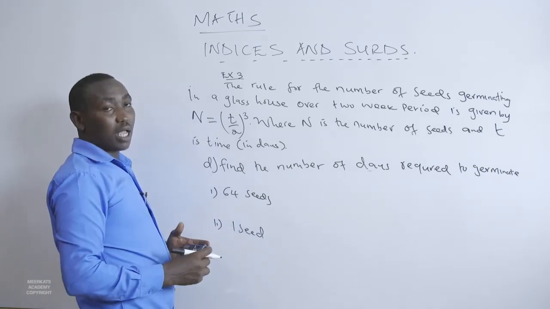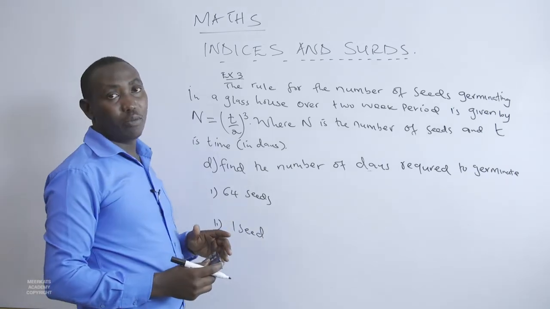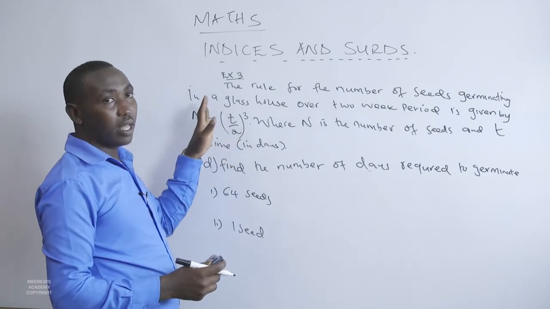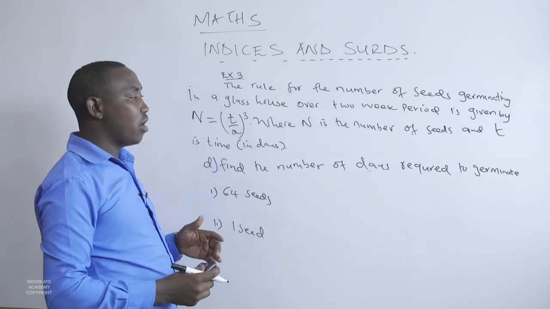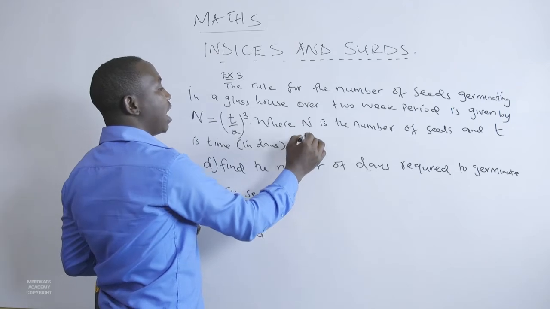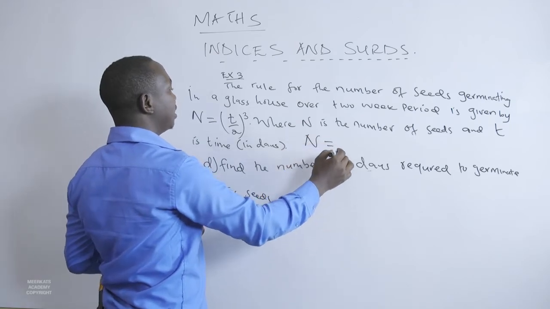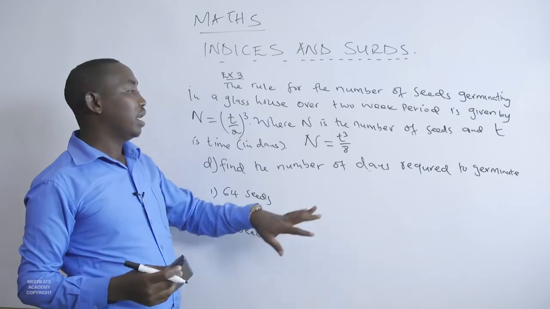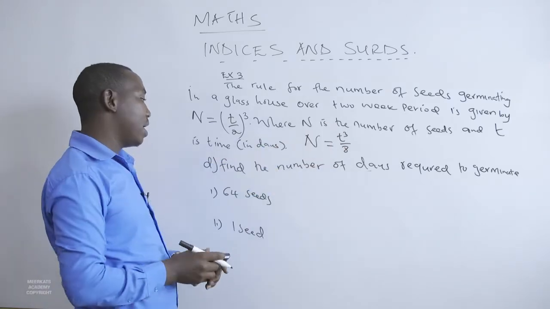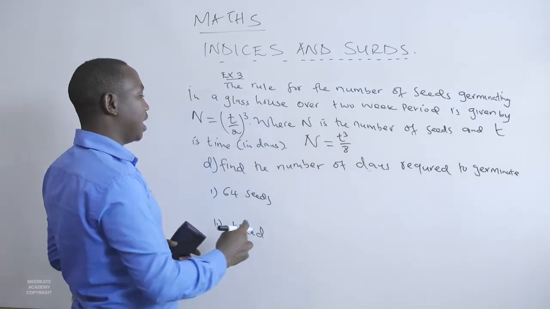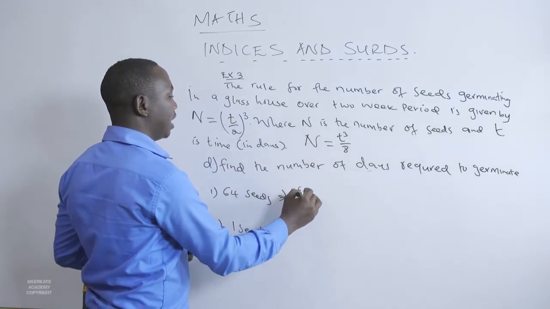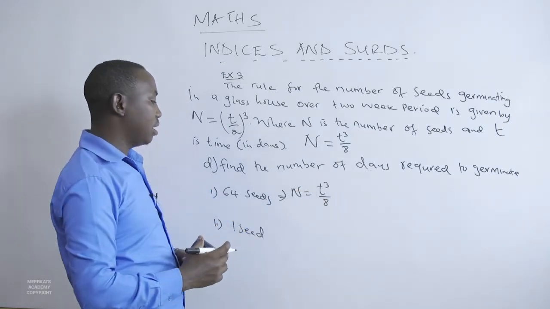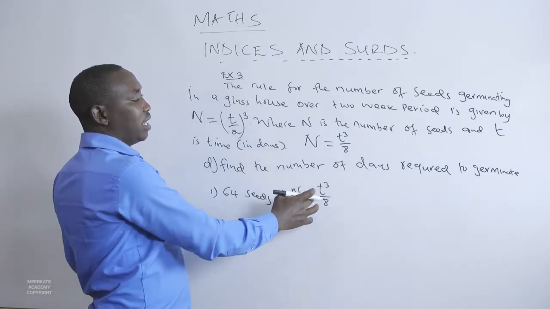Of course our formula will remain: n is equal to t over 2, the whole of it raised to 3. Or we can use the newly acquired rule, which says that n is equal to t cubed all over 8. Let us use the newly acquired rule. Now we are interested in getting the value of t.